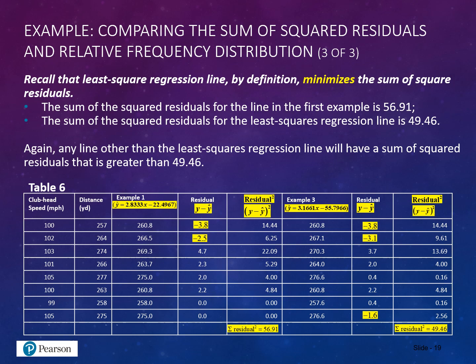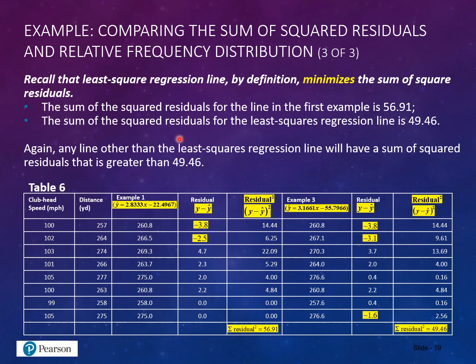Recall that by definition, the least squares regression line minimizes the sum of squared residuals. So what you can see here is the sum of the squared residuals for the linear regression we did just on paper is 56.91.